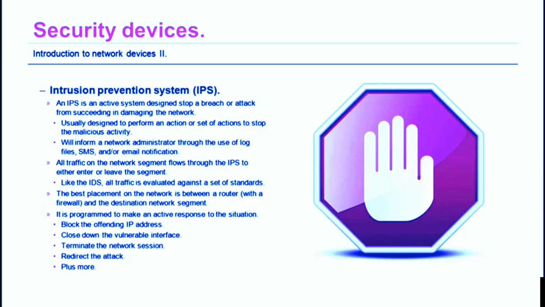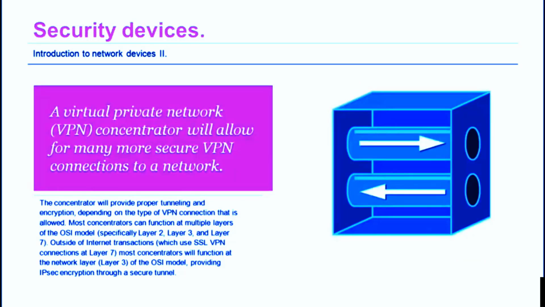They can block the offending IP address, they can close down vulnerable interfaces, they can terminate network sessions, they can redirect the attack, plus there are more actions that an IPS can take. The main thing is that they are designed to be active, to stop the breach or attack from succeeding in damaging your network.